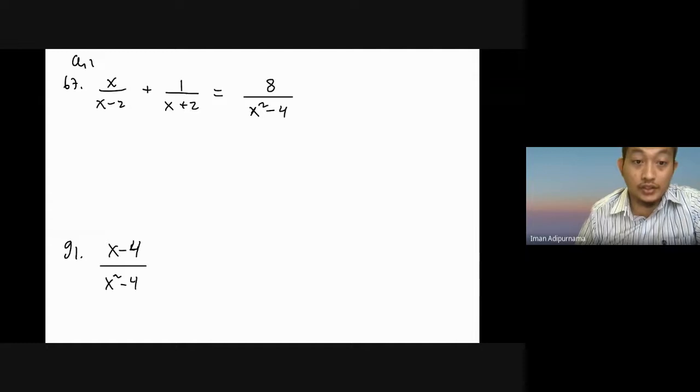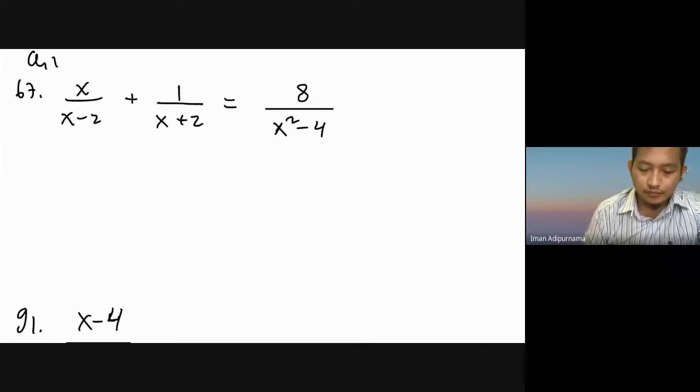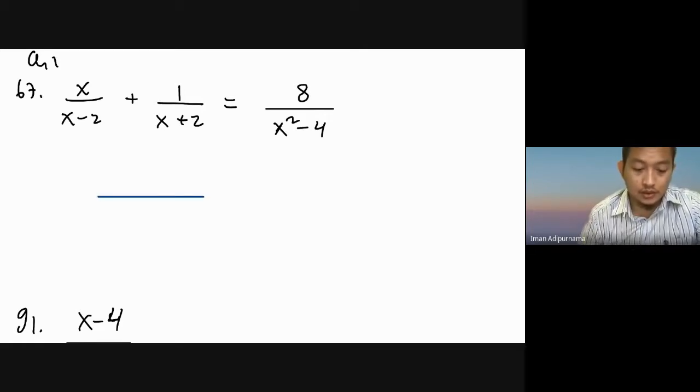Okay, we need to find the solutions, right? Let's see here. Okay, we can start with, if you want to look in a very nice and clean rational function.